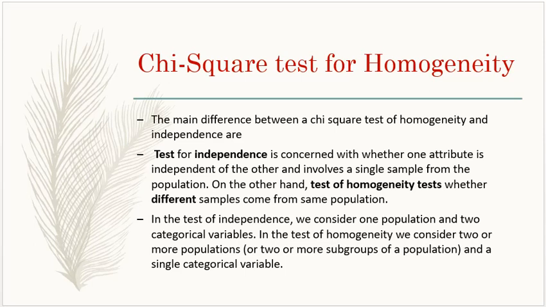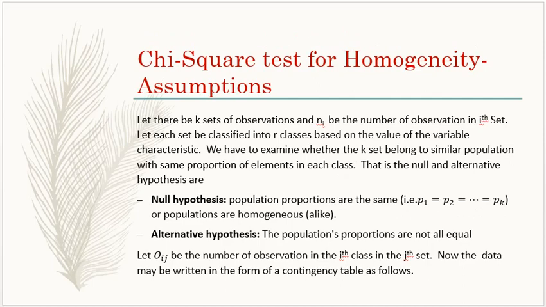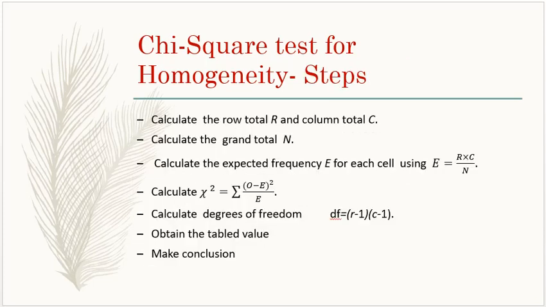The chi-square test of homogeneity is done in the same way as the test of independence, so no difference in that case. The only thing is we have k sets of populations. So there are classes 1, 2, 3, etc., up to R, and then we have k sets 1, 2, etc., up to K. Here we want to test the hypothesis about P1 and P2.